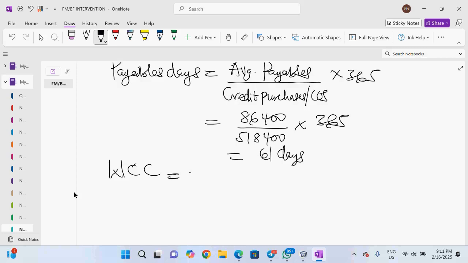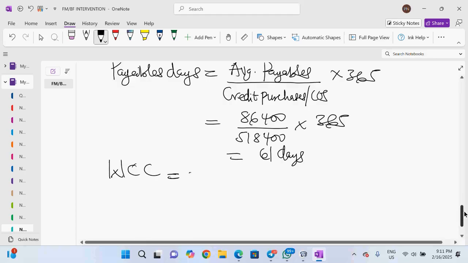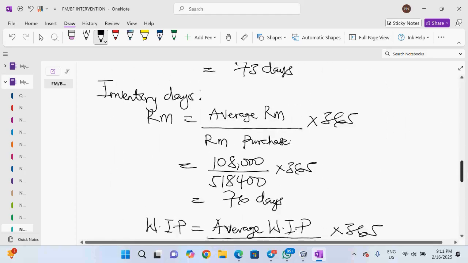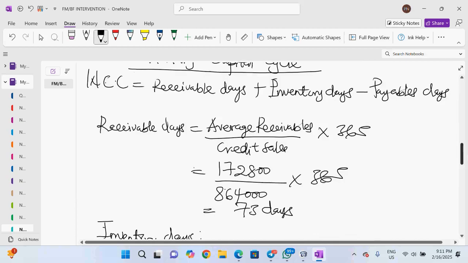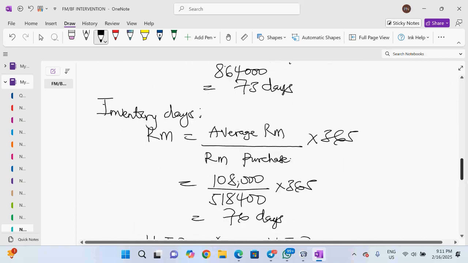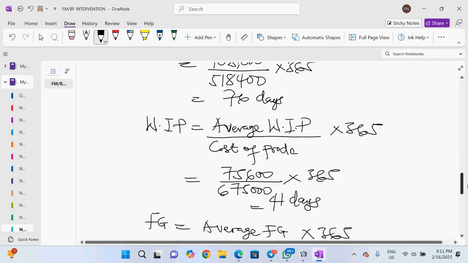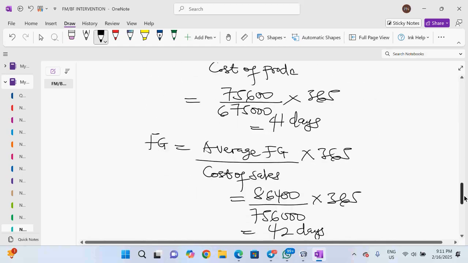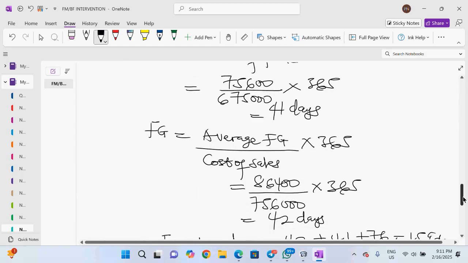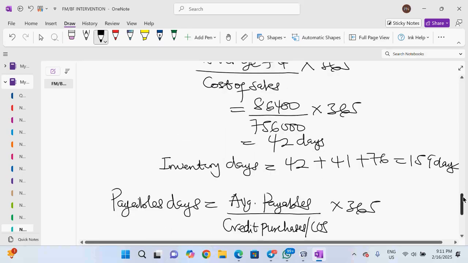The first one we had was the receivables. What did we get? Receivable days are 73, plus 159, which is for the inventory, minus payables.